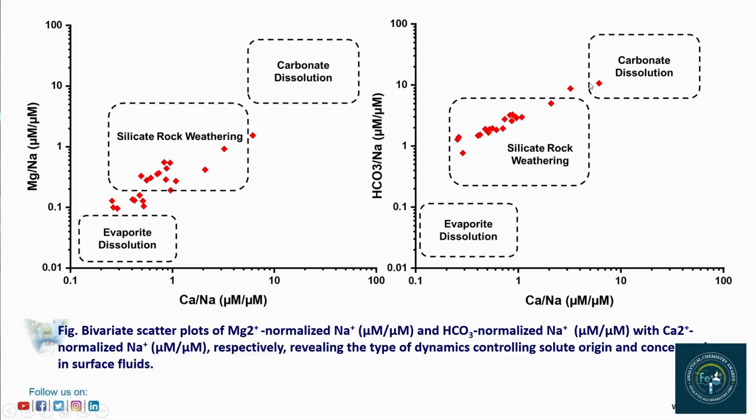I mean 99% of the samples fall in the silicate rock weathering, and no carbonate, because there are no carbonate rocks present here, so we are not getting carbonate dissolution from any samples. And here also silicate rock weathering, we can see all the samples are from silicate rock weathering.